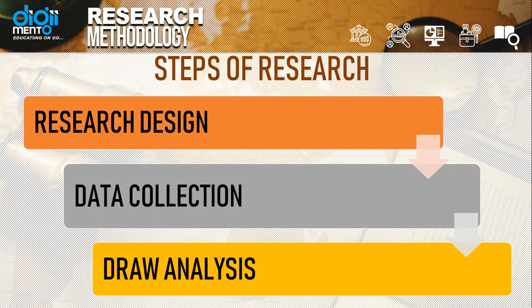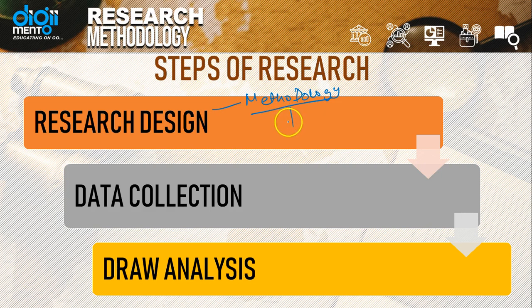Now the next one is research design. Now you design your research work with the help of some methodology. In the methodology, you provide the research procedures, and through the research procedures you design your research design.